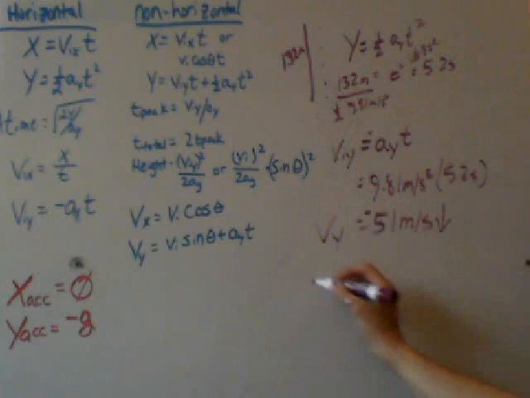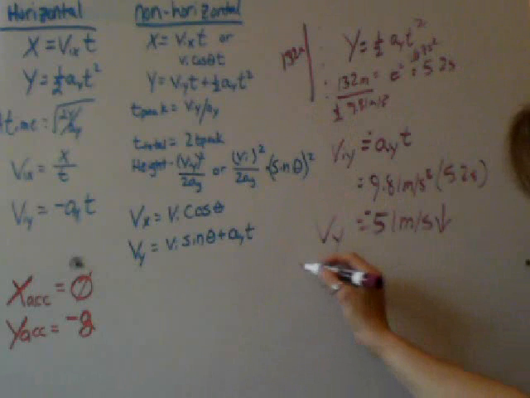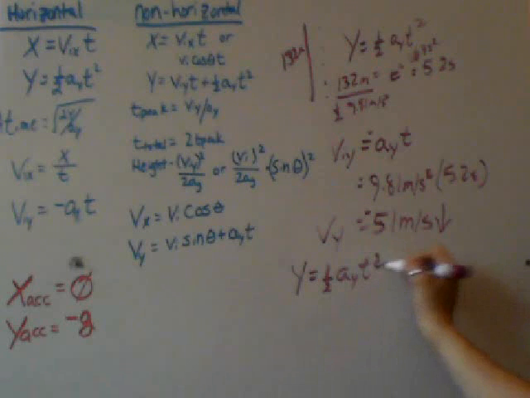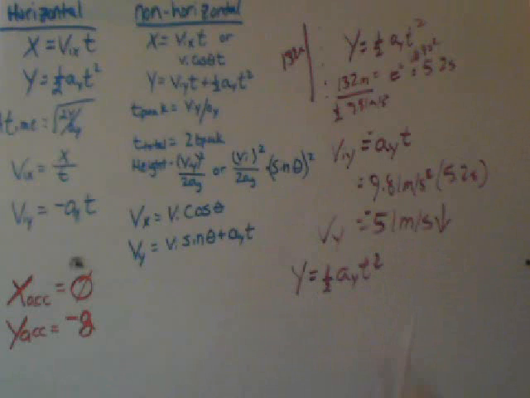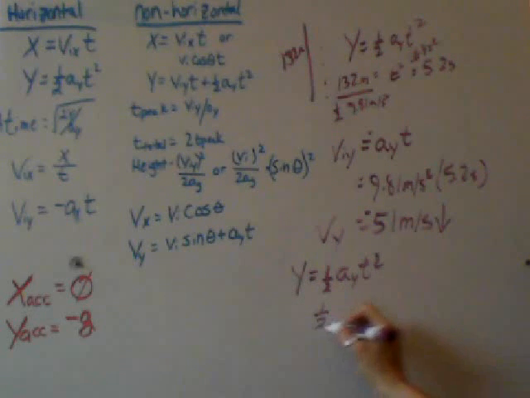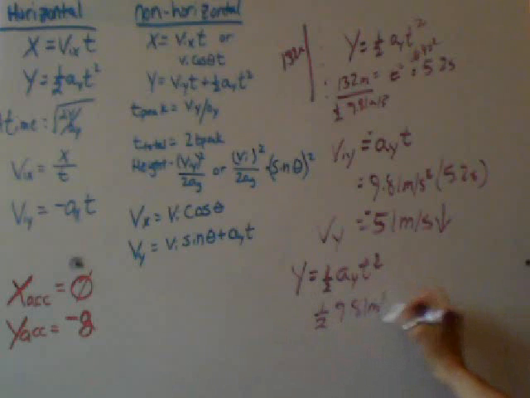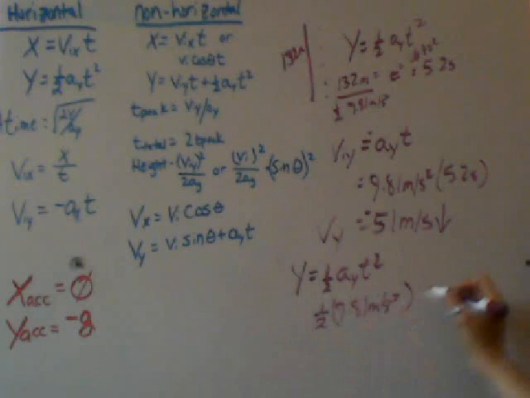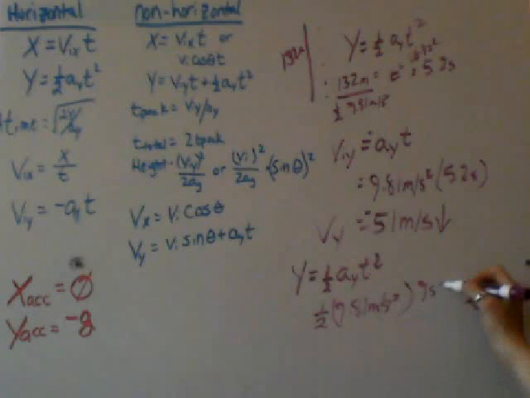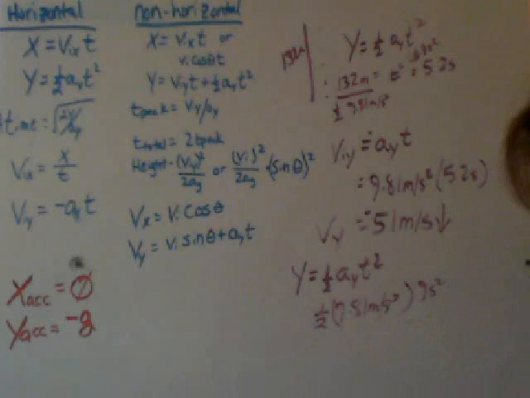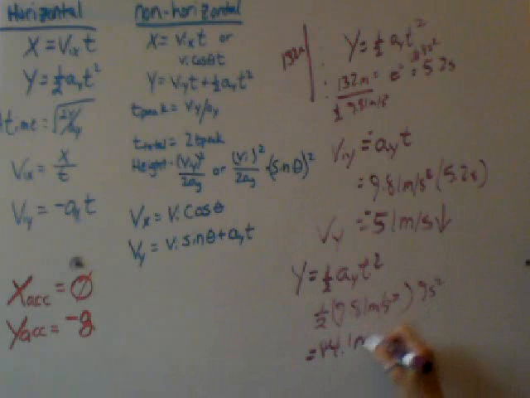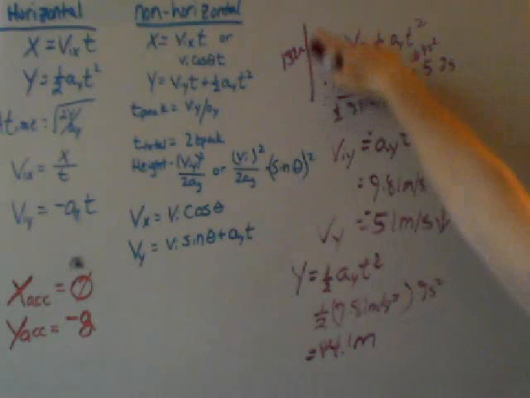So we go back up to our equation that we used initially, that y equals 1/2 acceleration in the y direction times time squared, and we plug in a new time here to find out a new y. So 1/2 times 9.81 meters per second squared times the new time squared. So that was 3 seconds. Squared is 9 seconds squared. And we solve for y, and we find that it is 44.1 meters that it fell in the first 3 seconds.